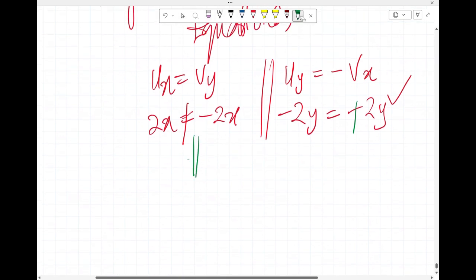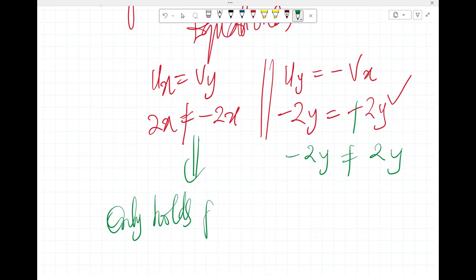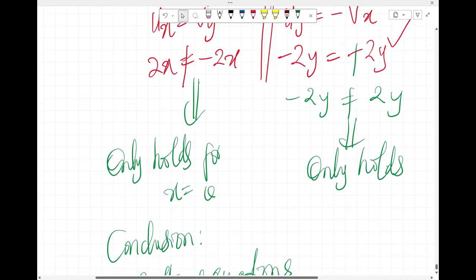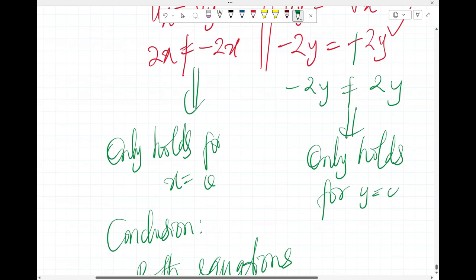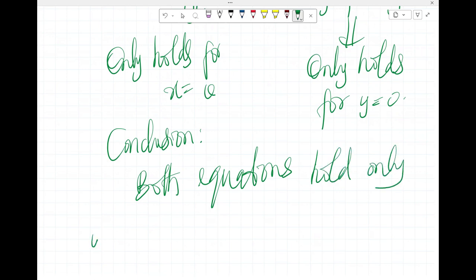This minus 2y is not equal to 2y actually, so it only holds for x equals 0. This one too only holds for y equals 0. So the conclusion is that both equations only hold at x comma y equals 0, 0.